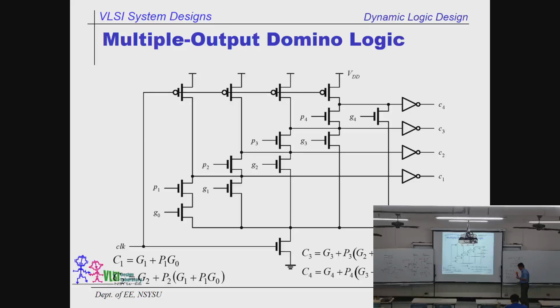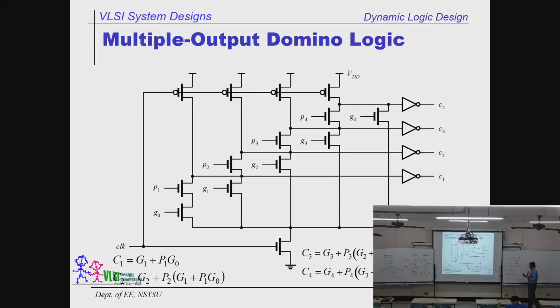That means AI plus BI, inverted. However, KI will never be used in the generation of carry, so we don't need it. We don't need it, so just take it away.